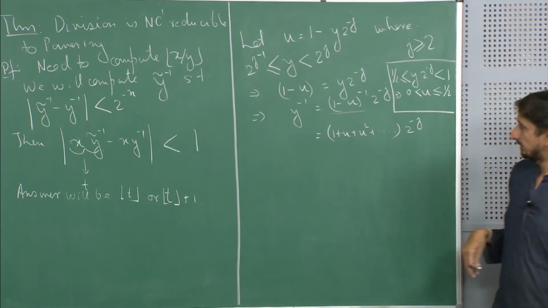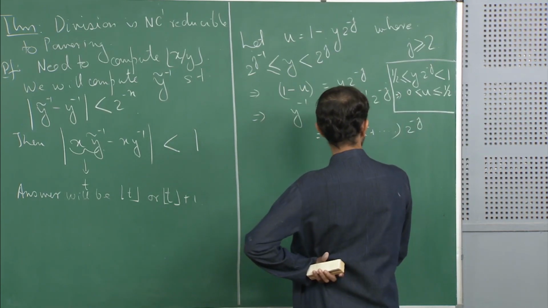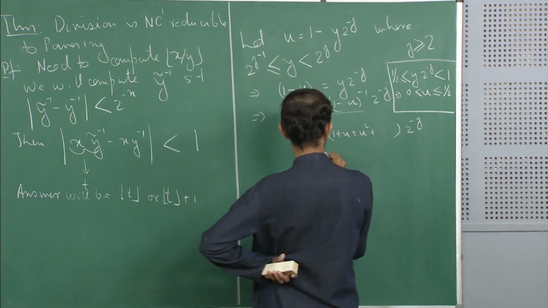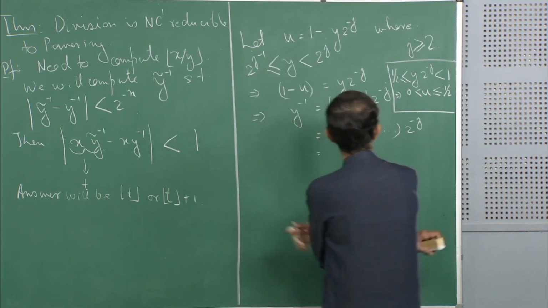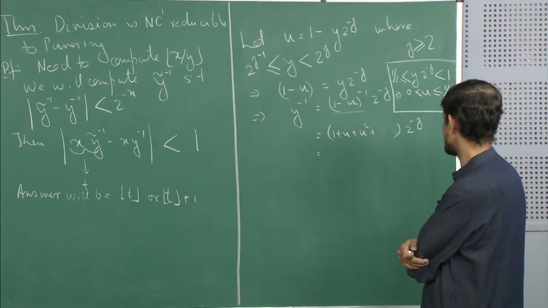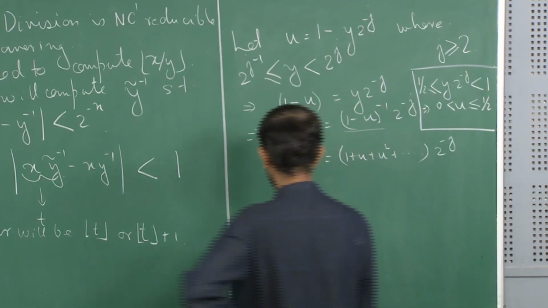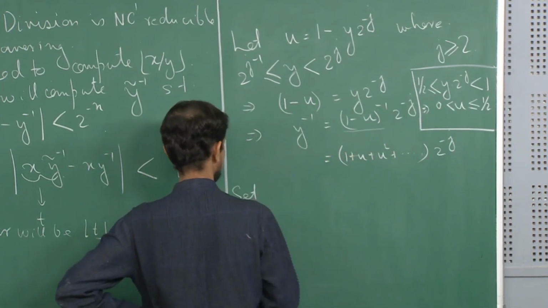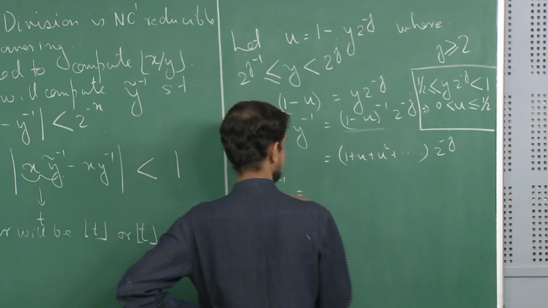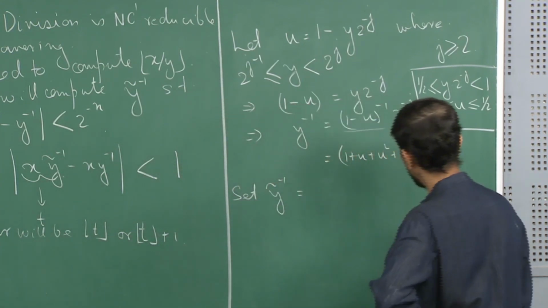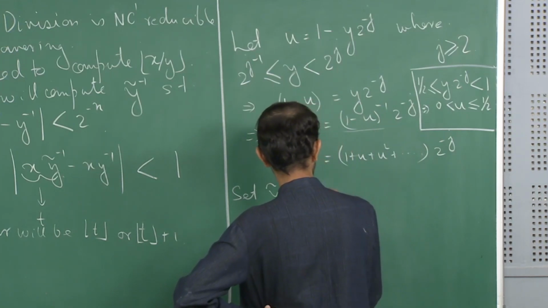So, now we can come back to this. So, what is this? Okay. So, now what we do is that we will set y tilde inverse to be the first n terms of this series.